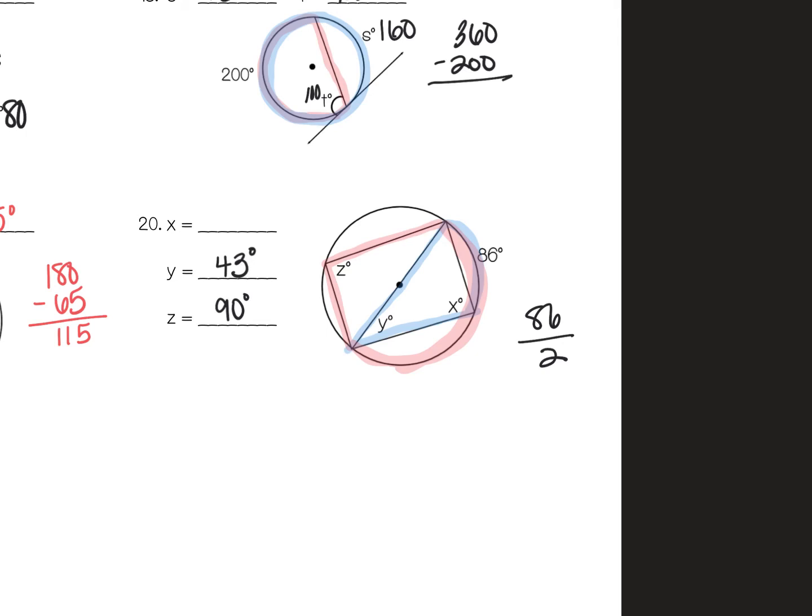And then x, let me erase my diagram real quick. X is this angle, which again is inscribed in this semicircle. Since the semicircle is 180, that makes the angle half as much, so it's 90.